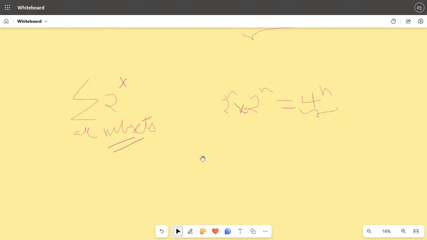But if I think carefully, not every subset will be of size n. The subsets of smaller size will be huge in number, i.e. only one subset has size n, only n subsets have size n minus 1, only nC2 subsets have size n minus 2, and so on and so forth.